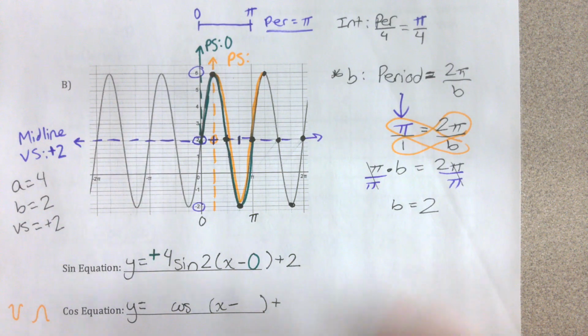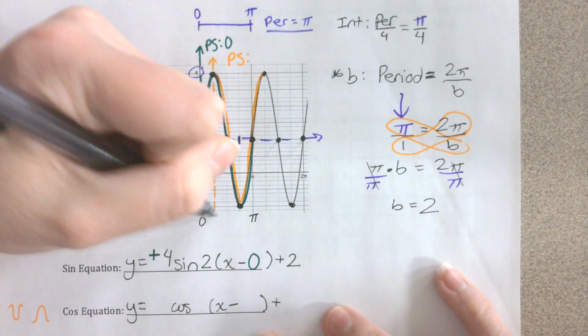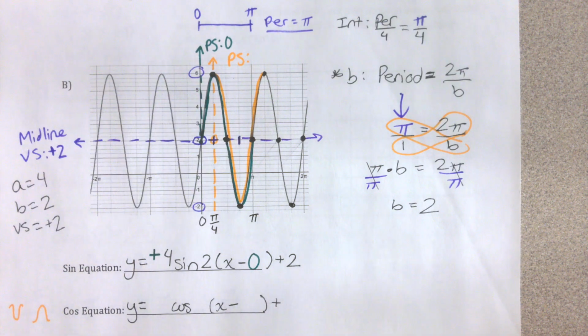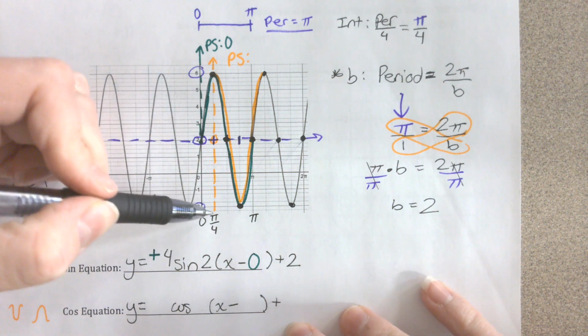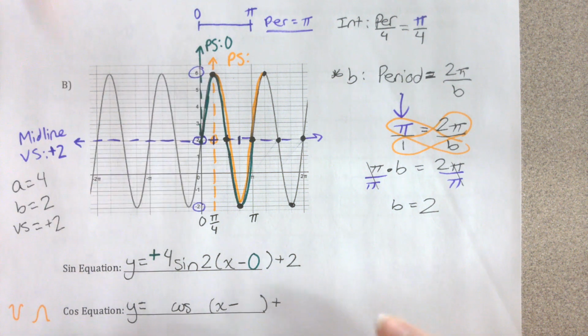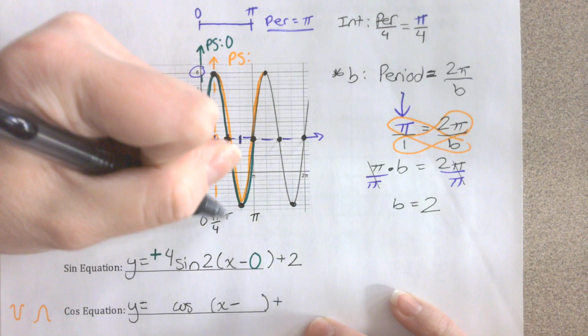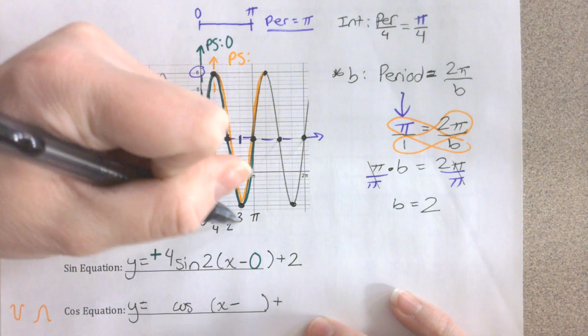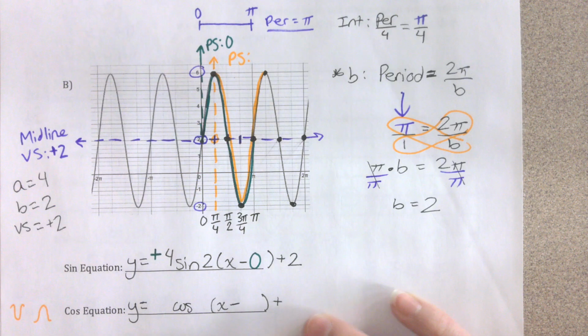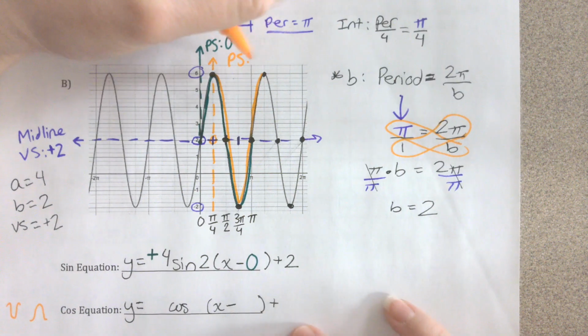These are each a pi over 4. I can label all of them, or I could just label the one I need. Choice is yours. But we now know that this next interval over is pi over 4. If I kept going, we've got pi over 2, 3 pi over 4, and then just pi. Those numbers should definitely ring a bell. We've worked with them quite a bit already. So my phase shift is at pi over 4.